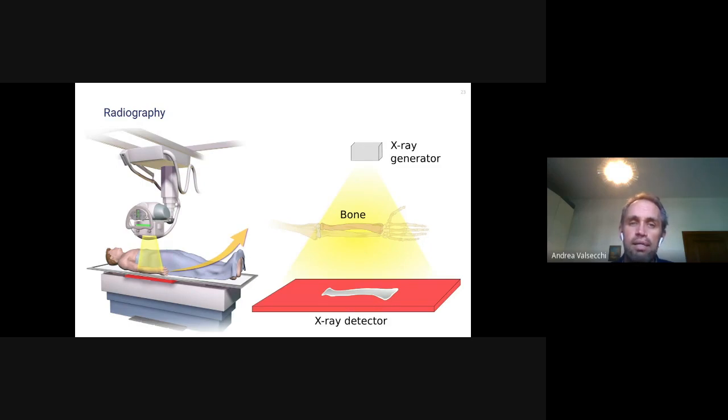The rays are emitted by the generator, and then they are absorbed by the tissue that you are exposing. The thicker and denser the tissue, the fewer rays go through, and then you get an image which is lighter.